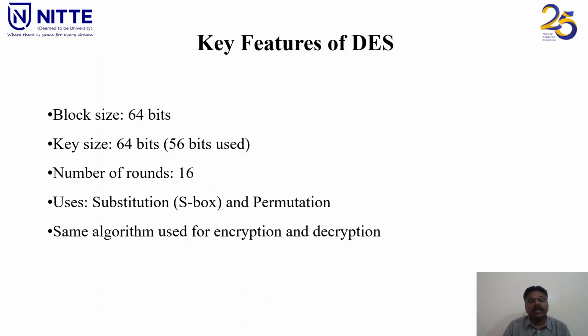It follows a standard of 16 rounds of operation, and it makes use of the concepts of substitution and permutation, or also we can call it confusion and diffusion. The same algorithm is used for both encryption as well as decryption.